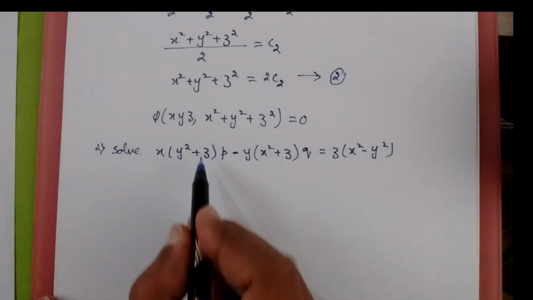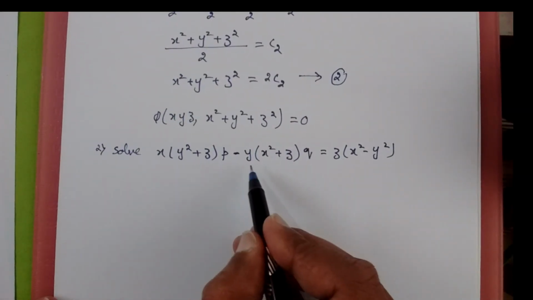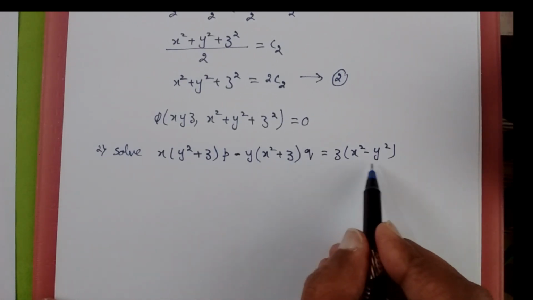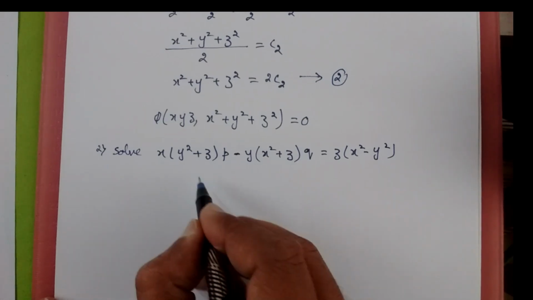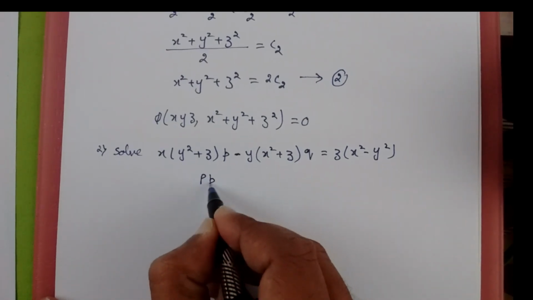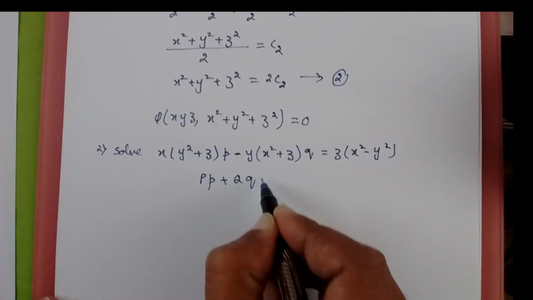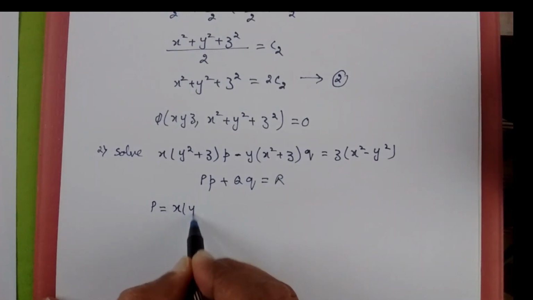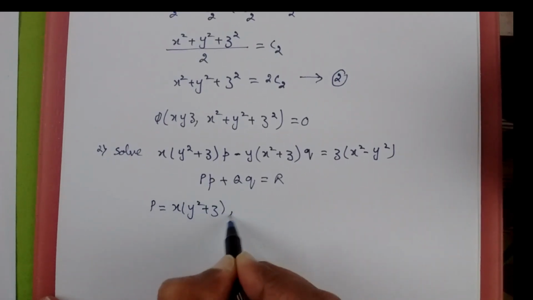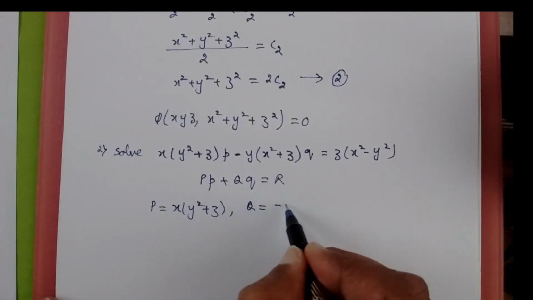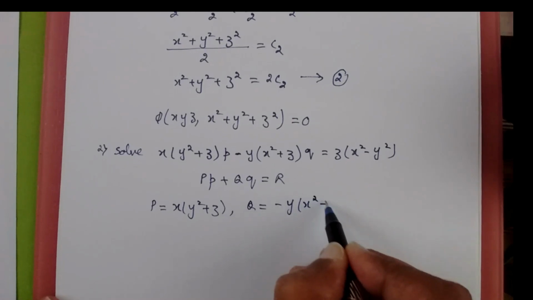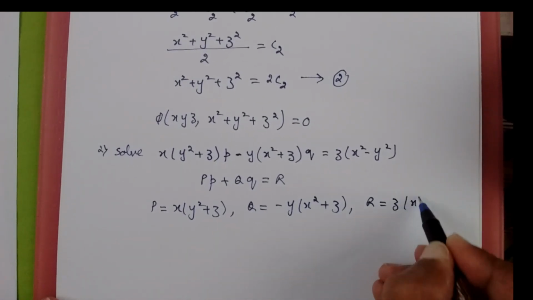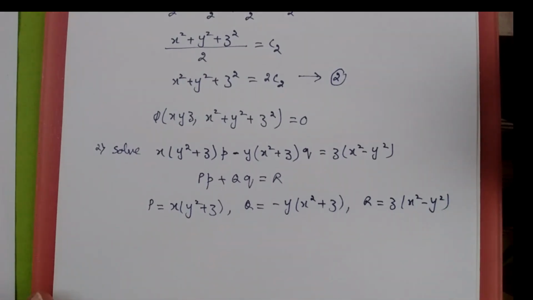The next question is solve x into y square plus z times p minus y into x square plus z times q equals z into x square minus y square. So this expression is in the form of Pp plus Qq equals R, where the value of P is nothing but x into y square plus z, and the value of Q is minus y times x square plus z, and the value of R is nothing but z into x square minus y square.